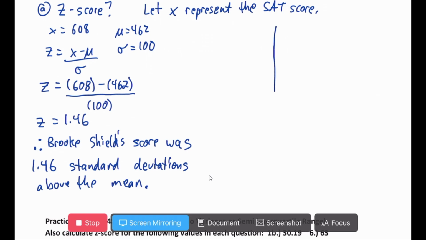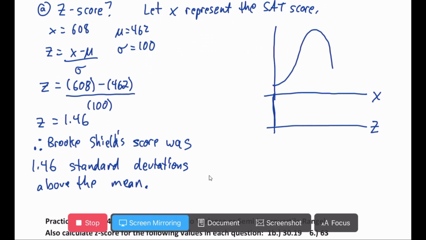We're going to have our x here. And I'm also going to add a second axis. It's going to be our z. And let's take a look at our possible scores. We're going to have 162, 262, 362, 462, 562, 662, 762.